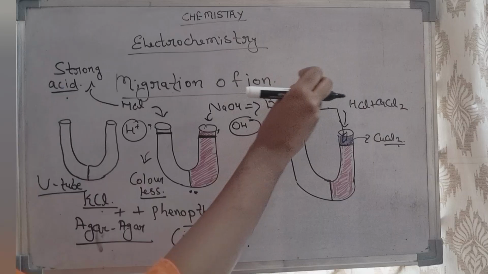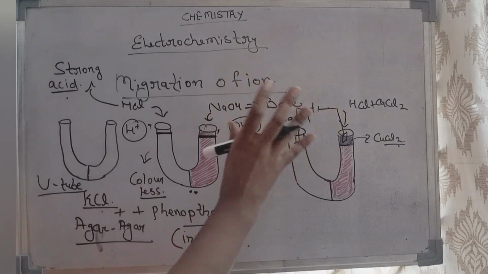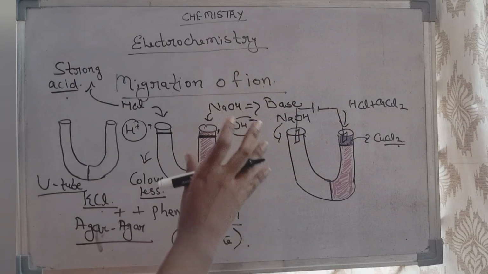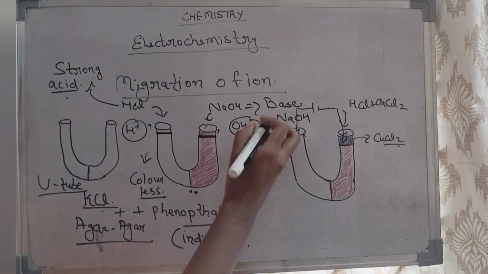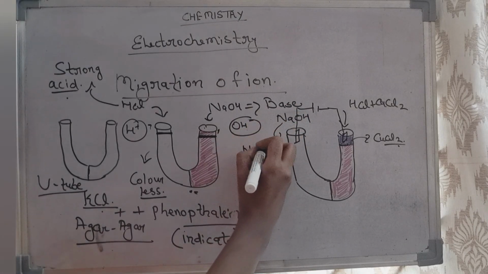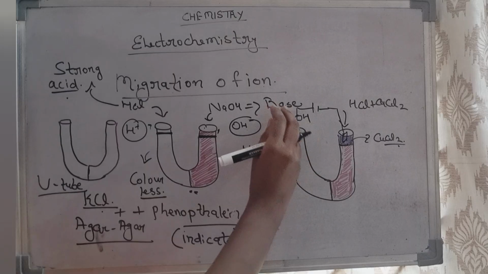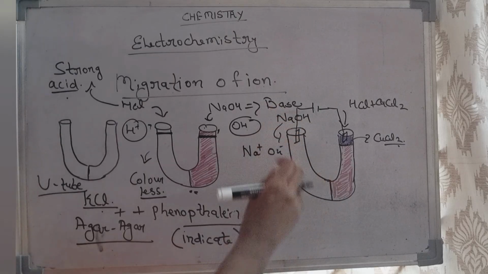The positive terminal and negative terminal will be there, and we know that ions like to be attracted towards the oppositely charged electrode. For example, if Na positive and OH negative are there, they will behave as Na positive and OH negative when they come in contact with these solutions.